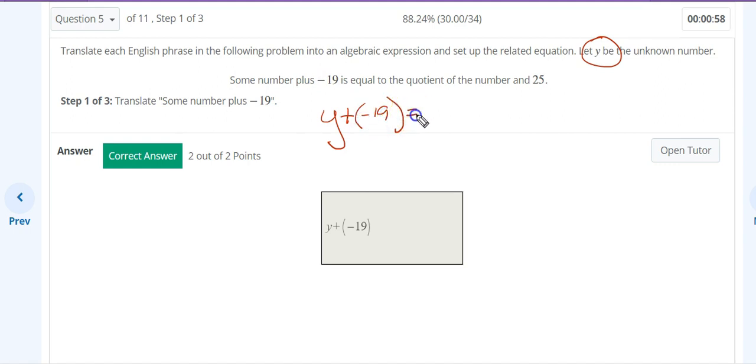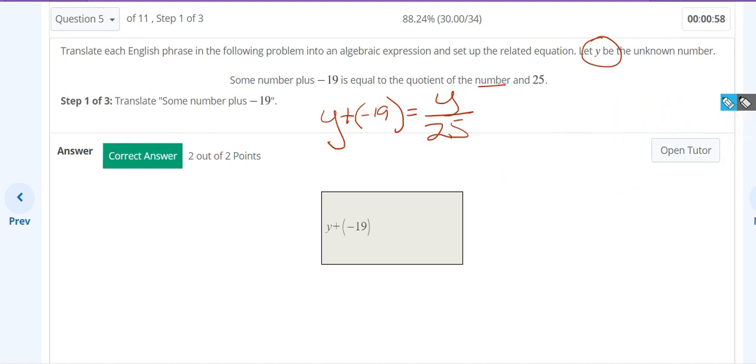And I'm going to just write the whole thing. They're going to ask for it in pieces, and then it's the quotient of a number and 25. You had to remember that a quotient is another word for a fraction. Whatever comes first goes on top, and then what's left is on the bottom.